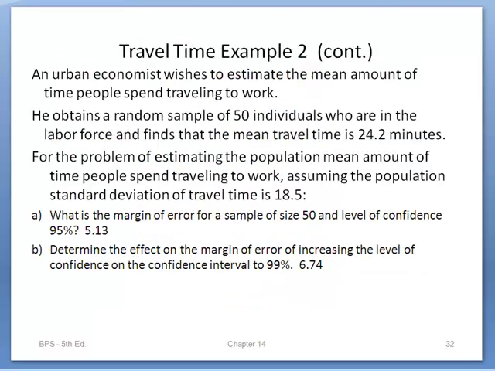When we did our Minitab, the margin of error for our 95% confidence interval for this problem is 5.13. If we do a 99% confidence interval, our margin of error is 6.7. So if we increase our confidence level, we're going to increase the margin of error. It's clearly seen, and we did that in all the different examples that we did in the last series in Part 2.